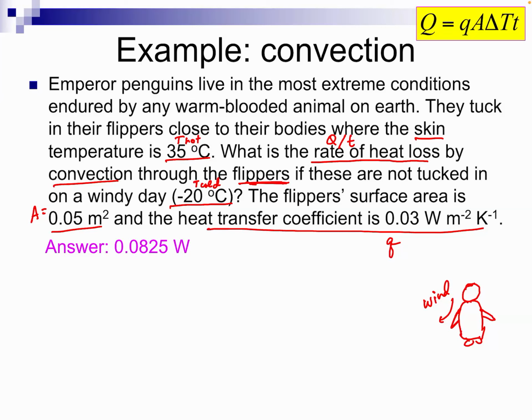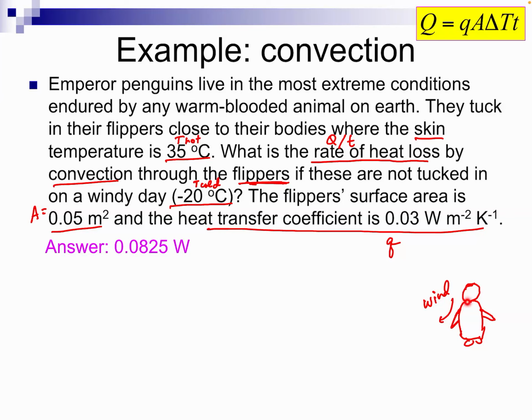There is also heat loss by conduction, because as we've seen in the example of the egg just sitting there exposed to the atmosphere, there's still heat loss by conduction, right? The moral of the story is, in a scenario, there can be more than one heat loss mechanism going on. In this penguin, you have heat loss by convection because air particles from the wind brush across the flipper's surface and therefore carry with them some energy.